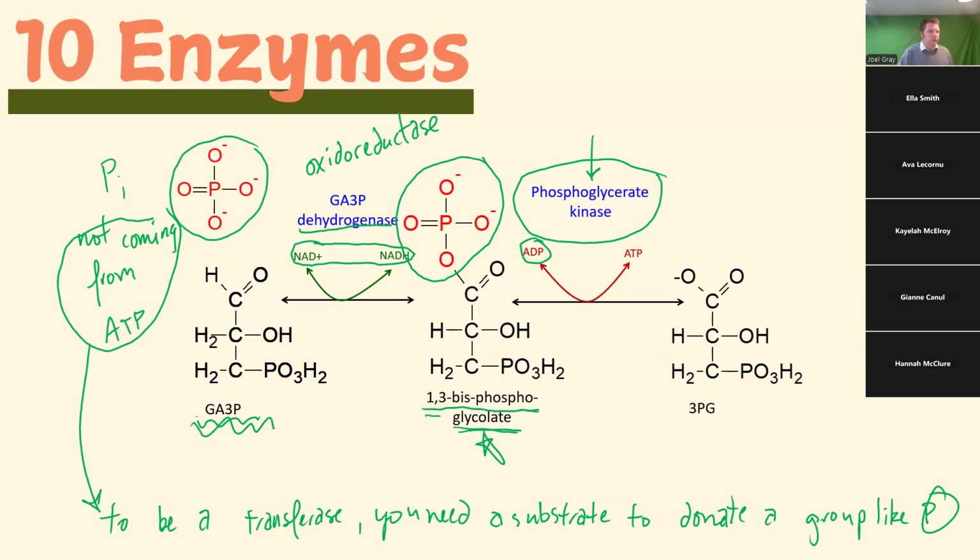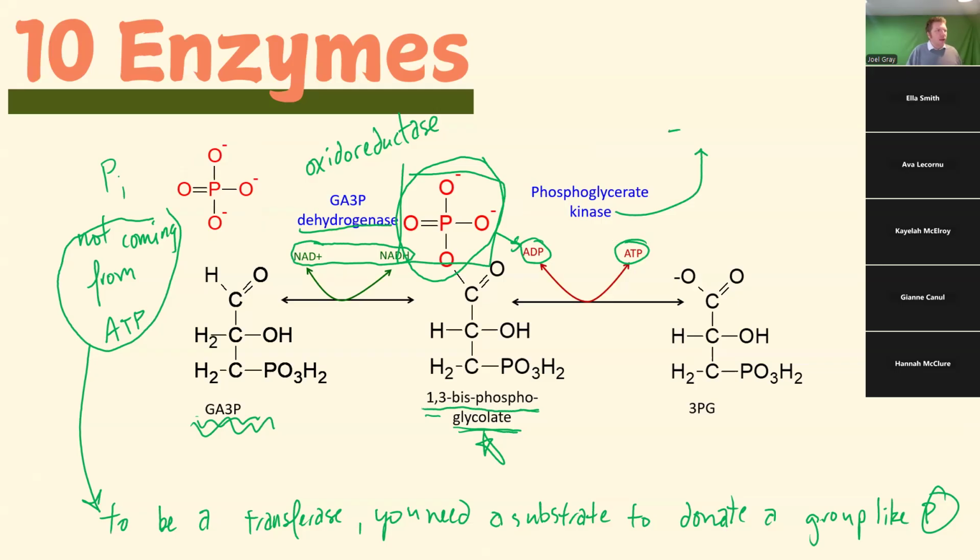It's a transferase because we are transferring this phosphate, the one in this red phosphate that I've put a circle and now a square around, onto ADP to make ATP. So another way to think about that is whenever you see kinase, I want you to think, aha, transferase. Give me a Y or an N if that sounds good.